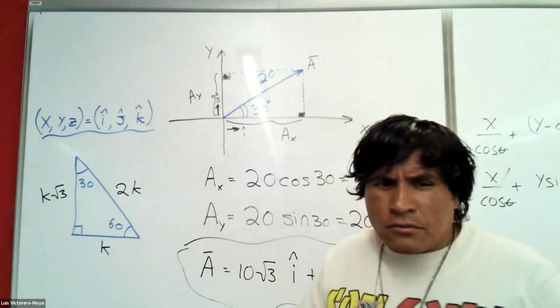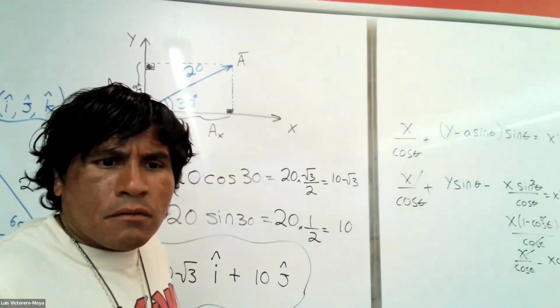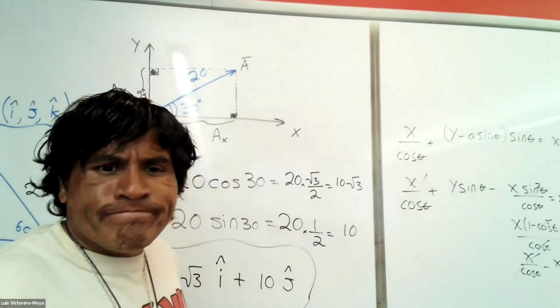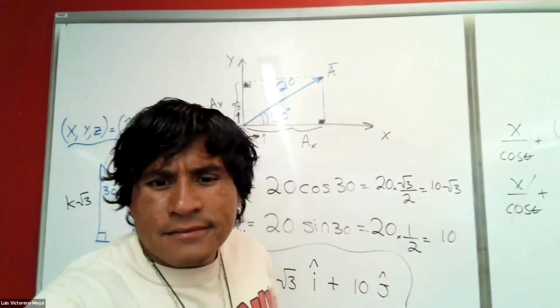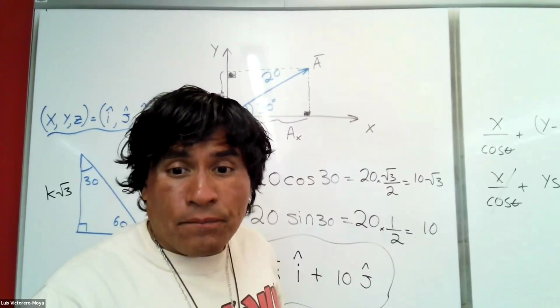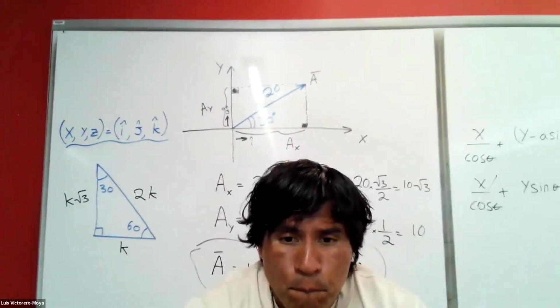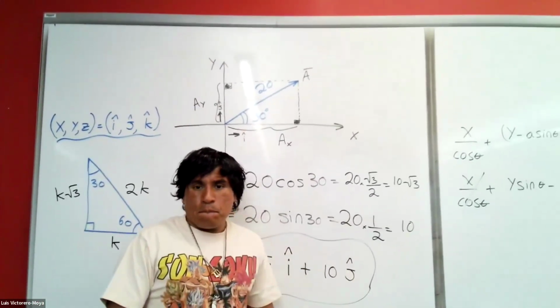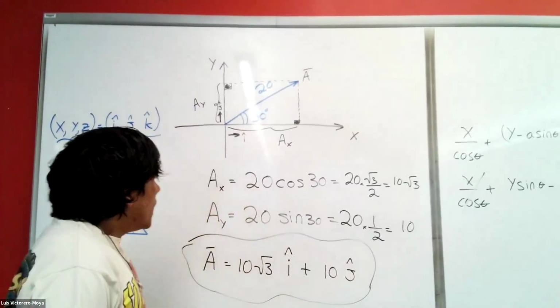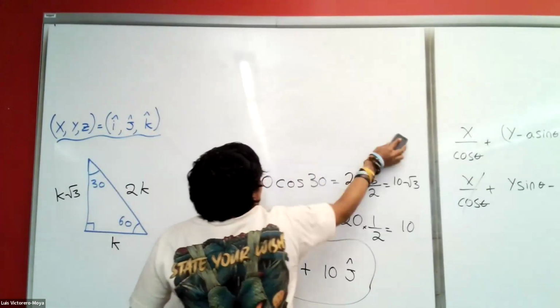Let's actually do it by moving this. Let's just erase this for now, and let's show you a vector sum.